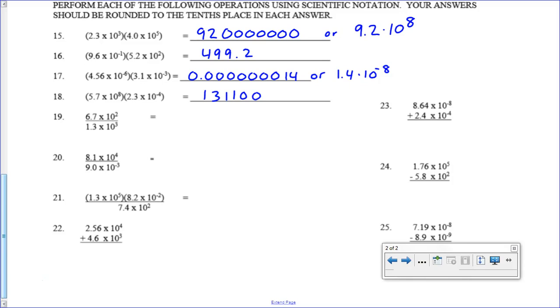Again, I'd put this in my calculator this way. 6.7 E2, all right, times 10 to the second is what that stands for. All right, divided by, and then 1.3 E3.